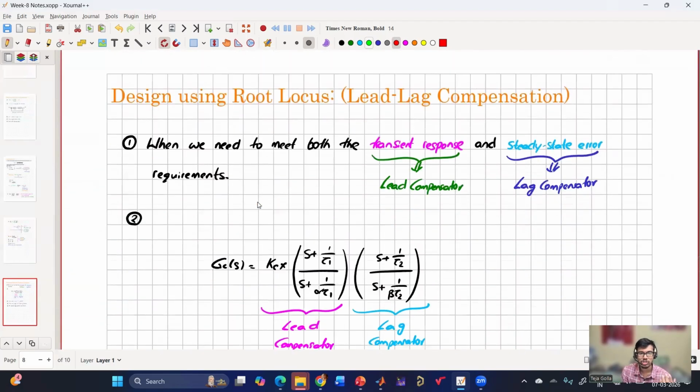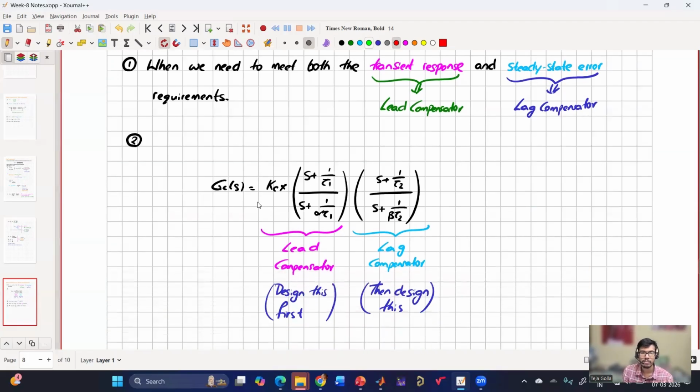If we are asked to meet both the requirements, say the transient response as well as steady state error, and the transient response cannot be met by simple gain k, then we have to design both the lead compensator as well as the lag compensator. The lead compensator will be responsible to improve the transient response, and the lag compensator will be responsible to improve the steady state error.